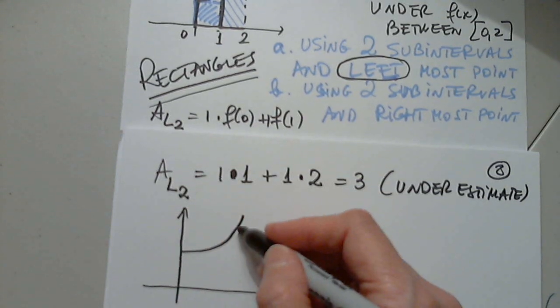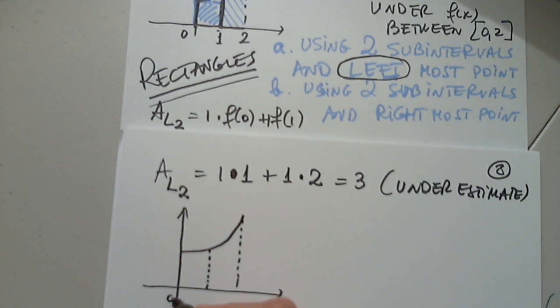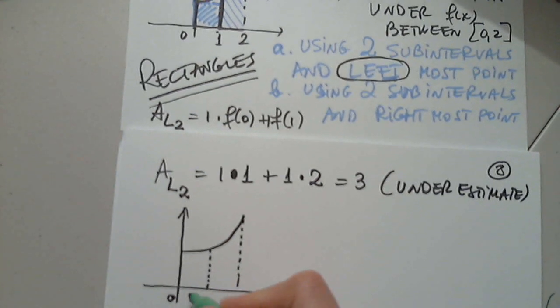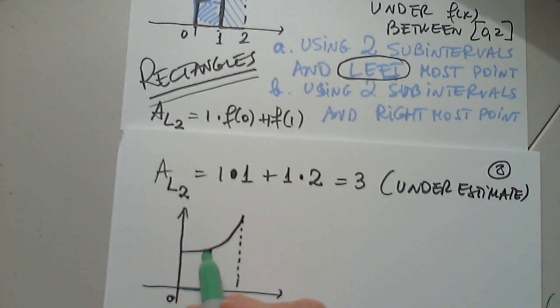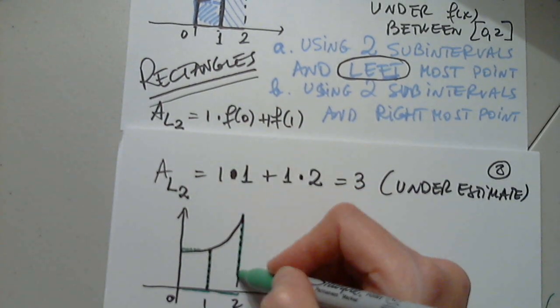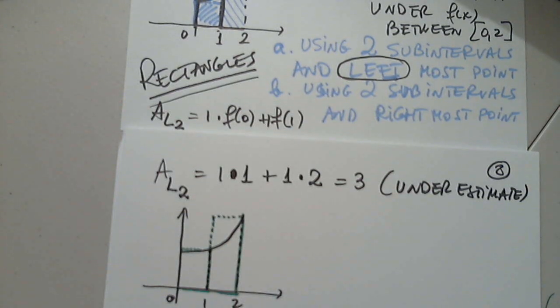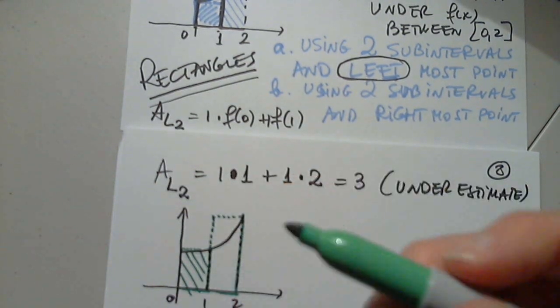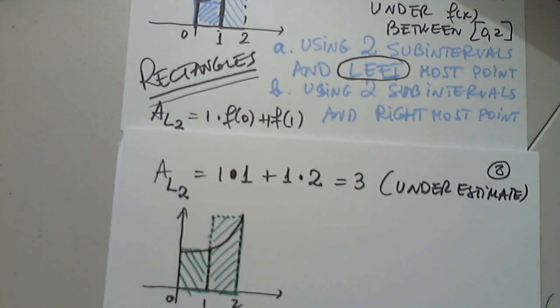Still the same graph. Still 2 subintervals, 0, 1, and 2. But now base times height and go horizontally. This is my first subinterval with the corresponding rectangle, and this is the second subinterval with the corresponding rectangle.